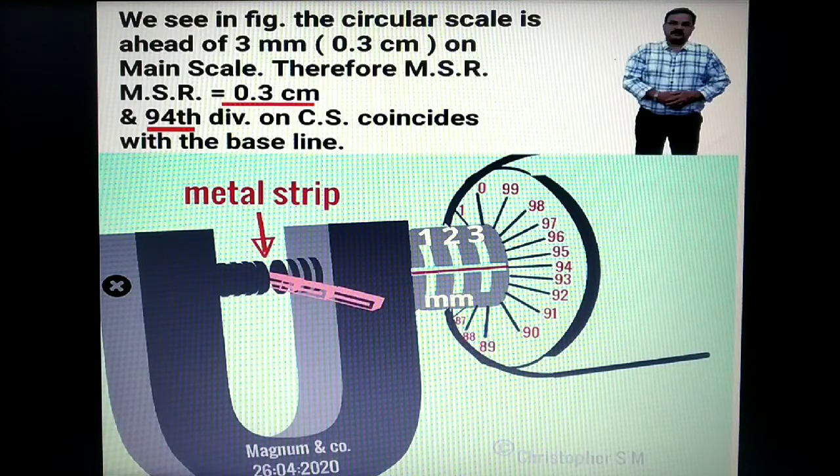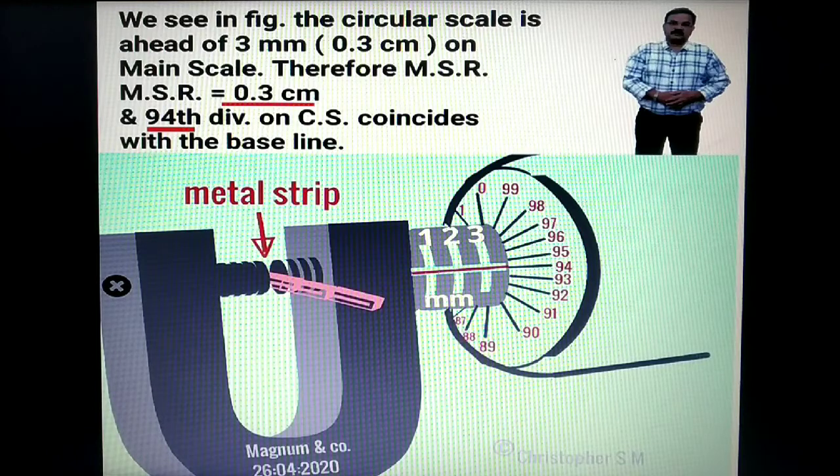Now again we see in the figure, the circular scale is ahead of the 3 millimeter, that is 0.3 centimeter, on the main scale when the metal strip is fixed. Therefore the main scale reading will be 0.3 centimeter. And we also see that the 94th division on the circular scale coincides with the baseline.